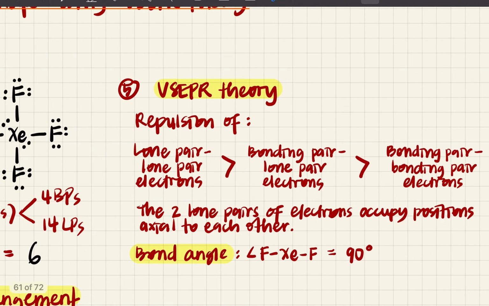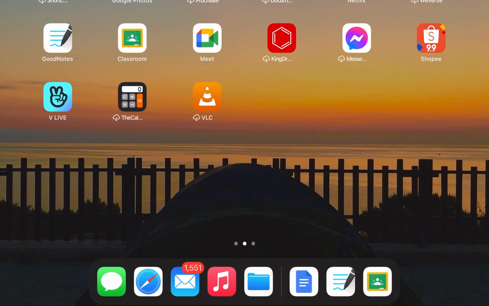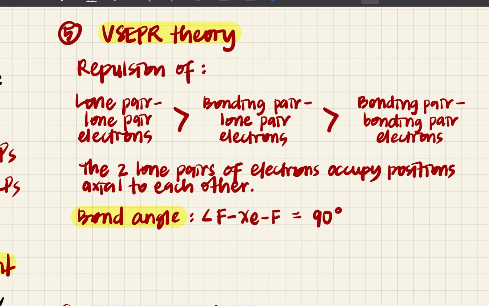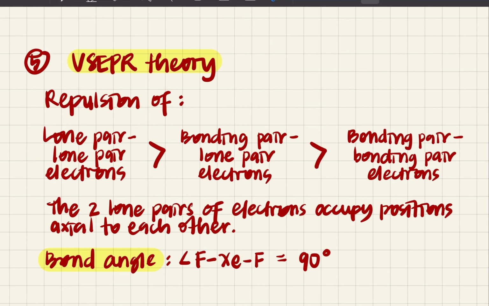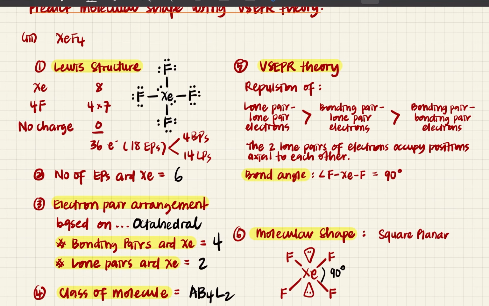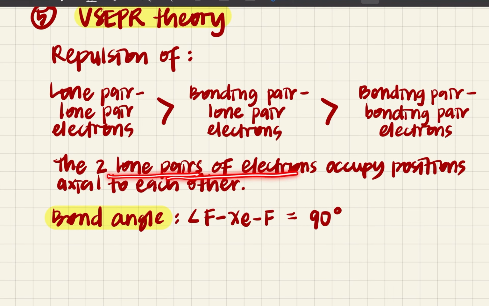Write down the order of strength. Which is the strongest? The lone pair electrons push the bonds closer to each other, and we will put our two lone pairs of electrons at the axial positions to each other.